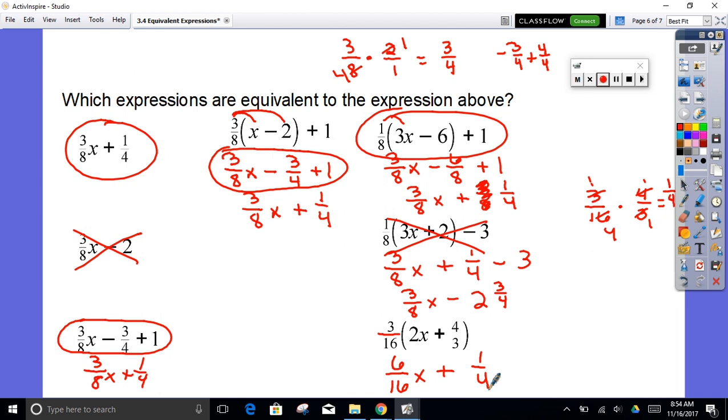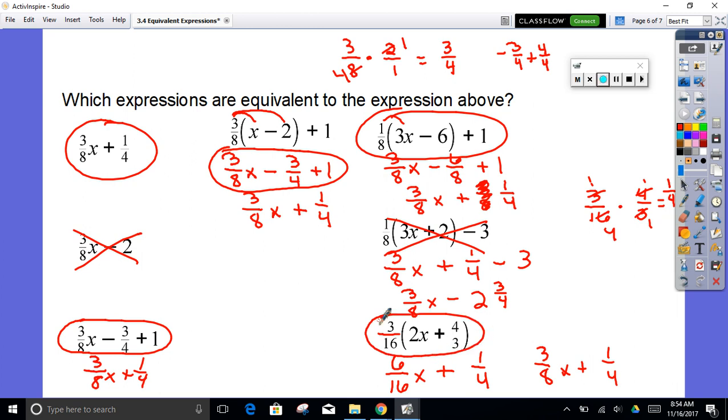Are we simplified all the way there? With our 6/16 x, no. Plus 1/4? What else could we do? Yeah, you could simplify the 6/16 to 3/8 x plus 1/4. So that one is also equivalent.